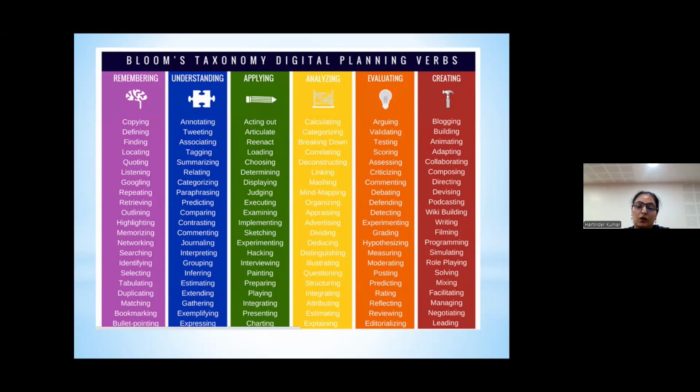Analyzing, we can say, is when it is divided into micro concepts. Evaluating is detecting or assessing, and creating is to follow innovative ideas, that is to apply the knowledge to unknown facts.